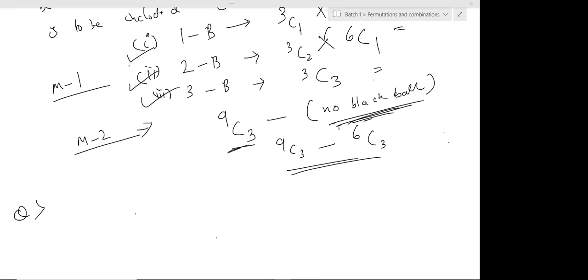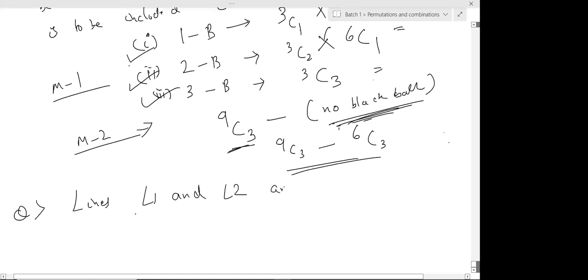Okay, let's start with the question. All right, try to solve this question. Lines L1 and L2 are parallel to each other.